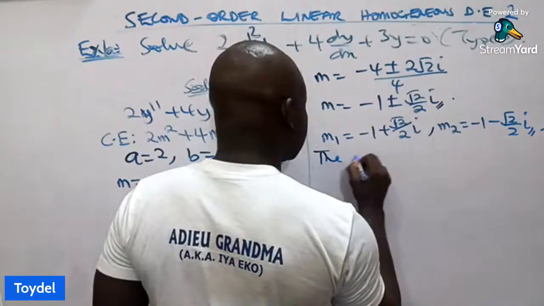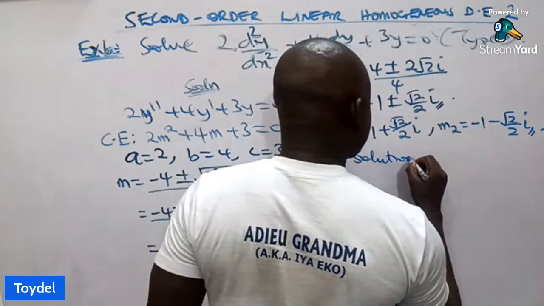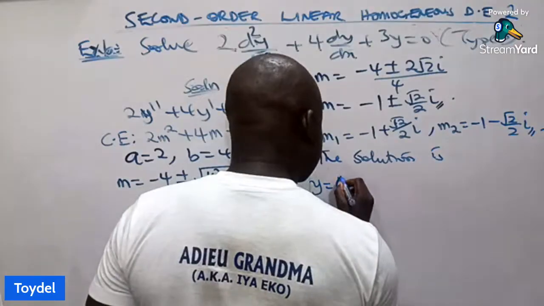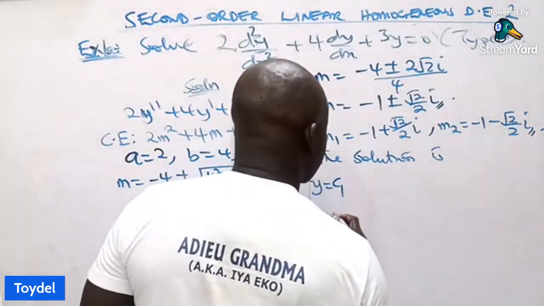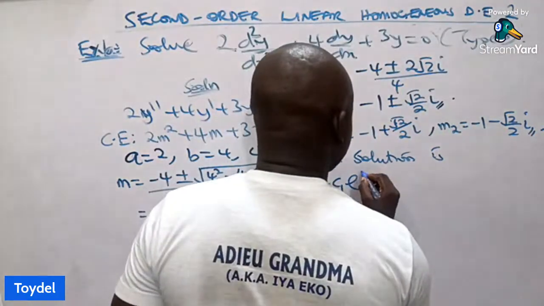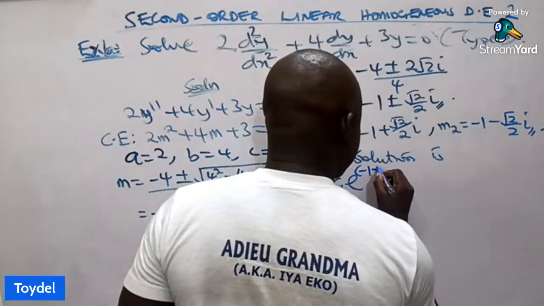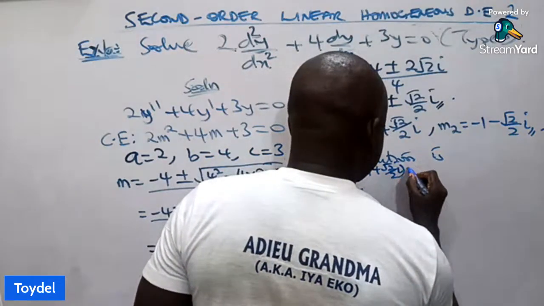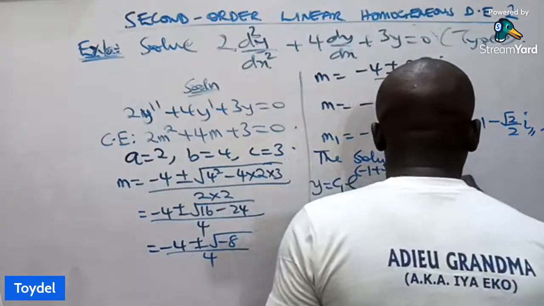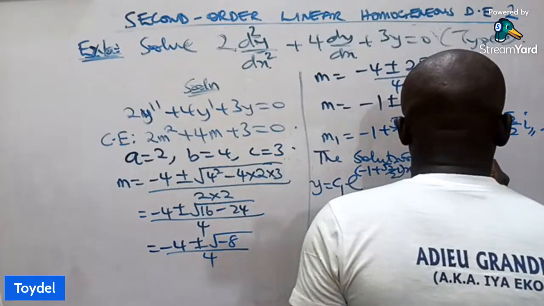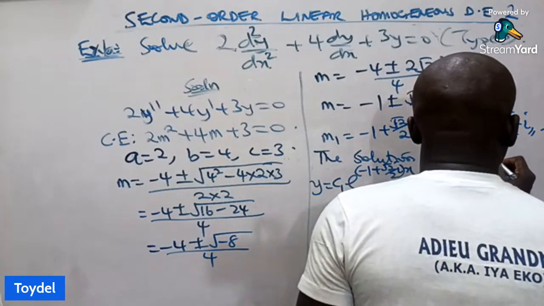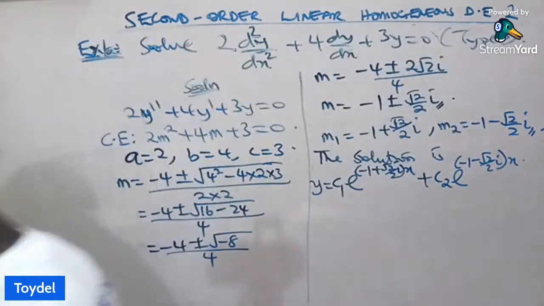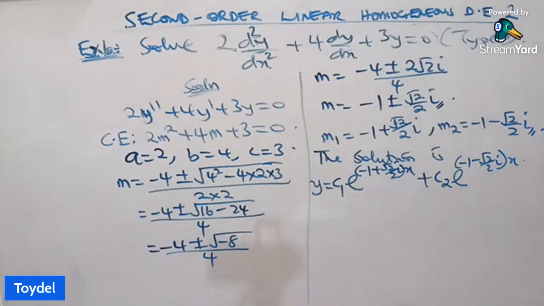The solution is y equal to, let's say, c1 e^((-1 + (√2/2)i)x) plus c2 e^((-1 - (√2/2)i)x). That will be the solution that we are going to get.